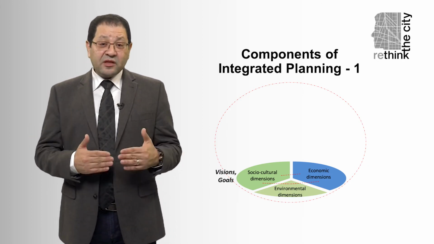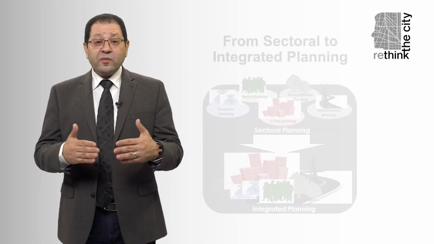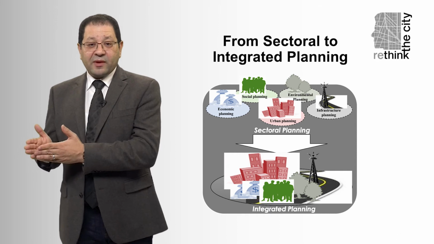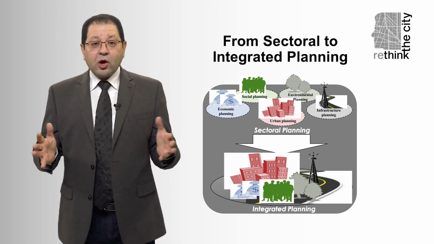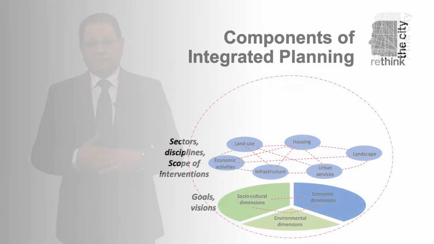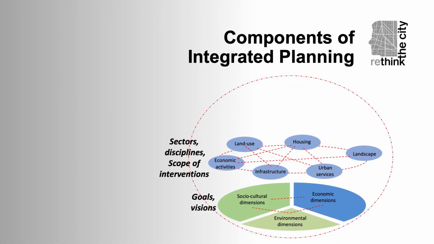Reflecting on sustainable development pillars, then transforming the planning methodology from sectoral to integrated planning, in which the components are all planned together and continuously checked against each other. This gives the second component of the integrated planning approach, and these are sectors, disciplines, and scope of interventions.